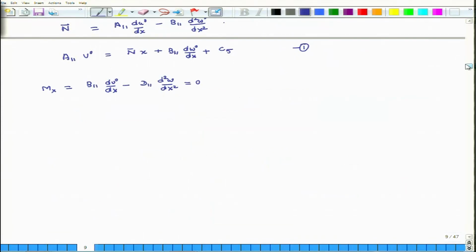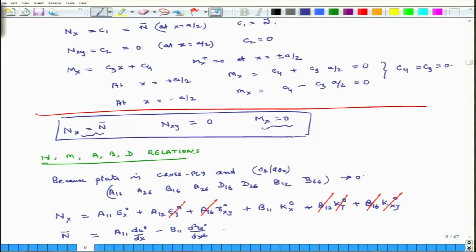So we apply this condition, and when we integrate it once, we get B11 u naught is equal to D11 dw naught over dx plus C6. This is equation 2.